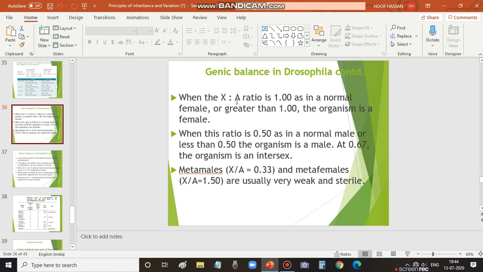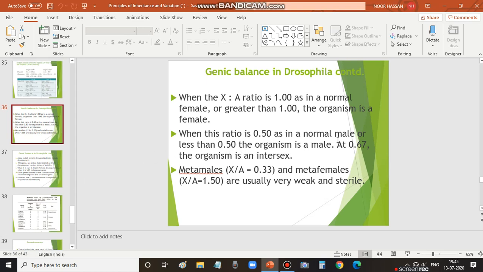Remember, an X to A ratio of 1 means a normal female. Greater than 1 is a female, but a very weak and sterile female. Likewise, 0.50 is a normal male, and less than 0.5 the organism is a weak and sterile male.